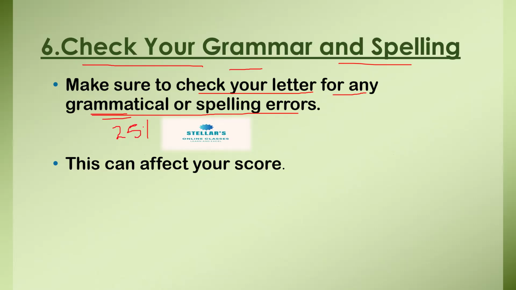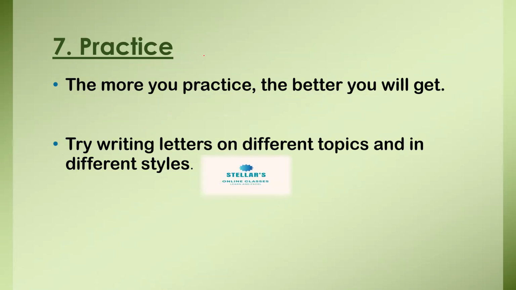And make sure your spellings are correct. If you have written any new word, then you should confirm that your spelling is correct. Because any type of error in the GRA part, grammatical range and accuracy, may affect your scores. So try to recheck them at the end of your writing. Try to spare 2 or 3 minutes for proofreading.